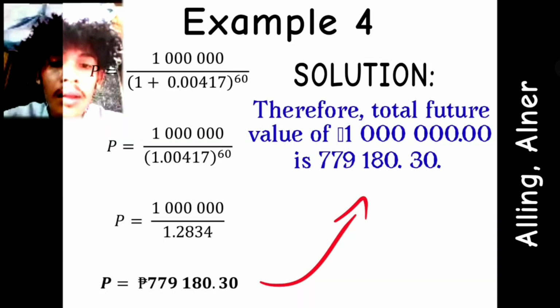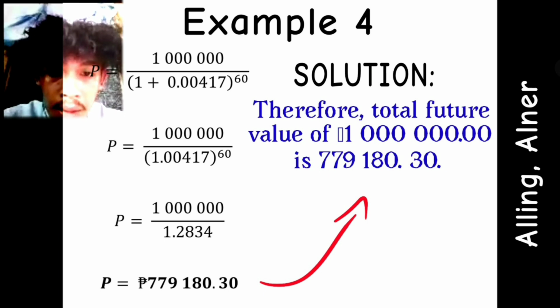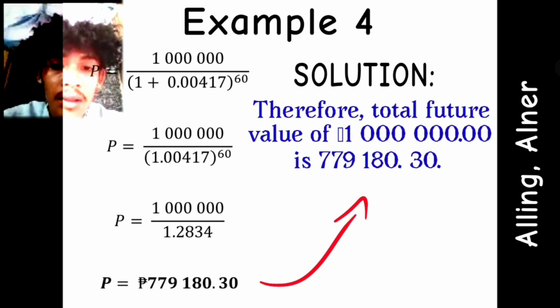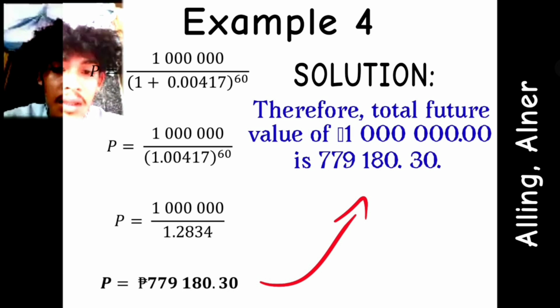Example number 4. Principal equals 1 million over 1 plus 0.00417 raised to 16.